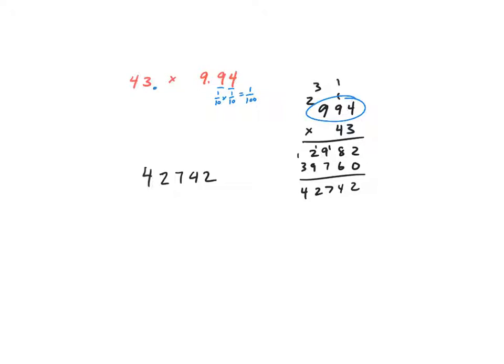So my fraction really would have looked like 42,742 over 100, which means I need to shift my entire answer 2 places to the right, which has the same effect as moving my decimal, which is at the end right here in a whole number, 2 places to the left. So my answer becomes 427 and 42 hundredths.